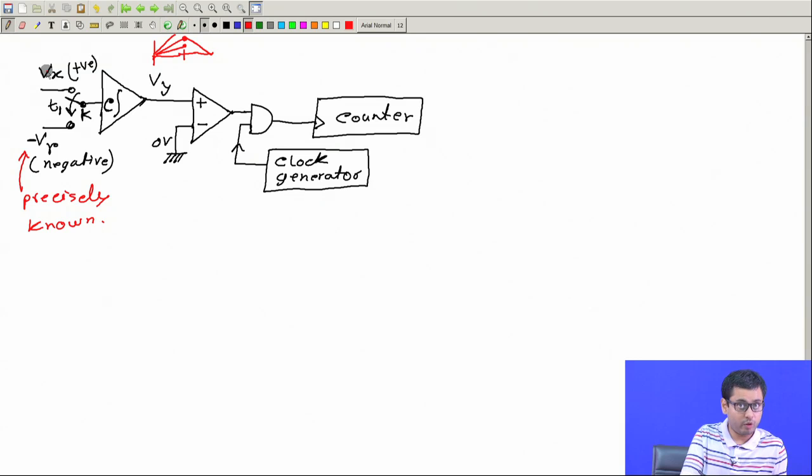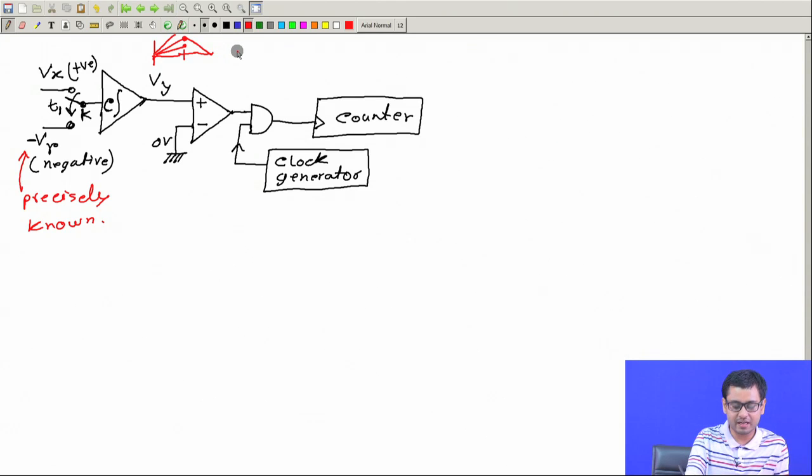Because if Vx was larger, then for the same amount of time, this voltage will go further up, okay, and then when it comes down with the fixed slope, it will take longer time. So, if Vx is larger, it will take longer time to discharge.